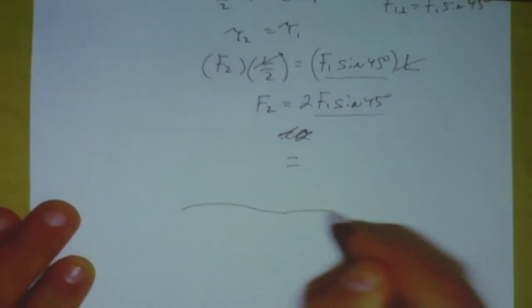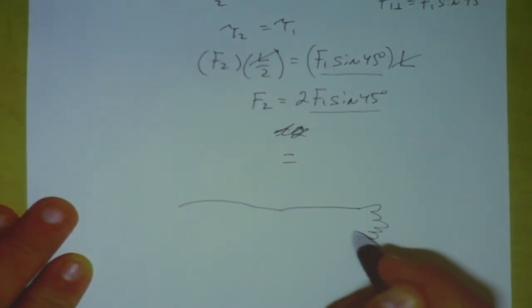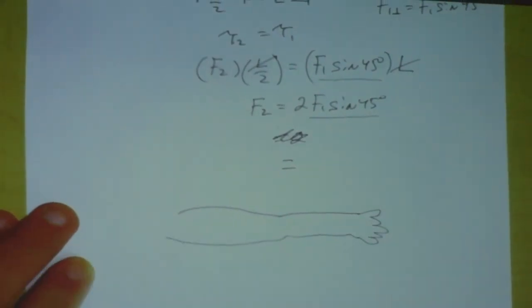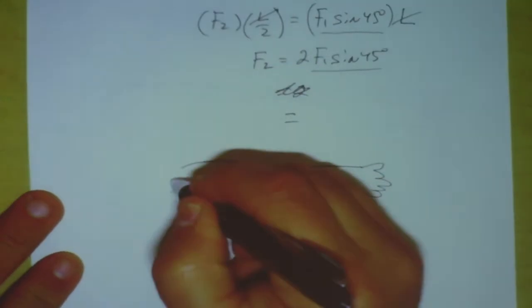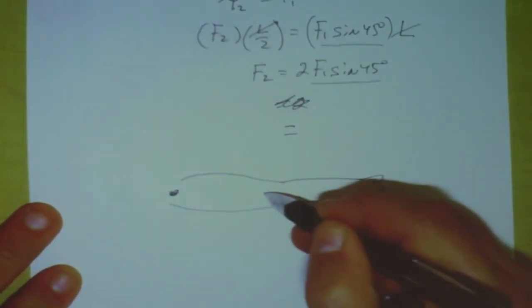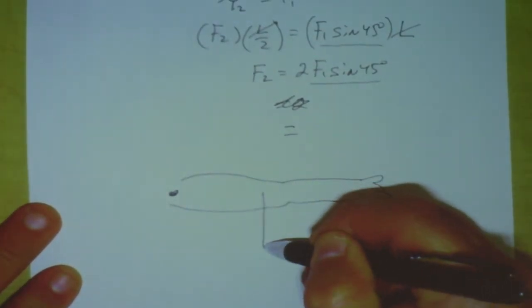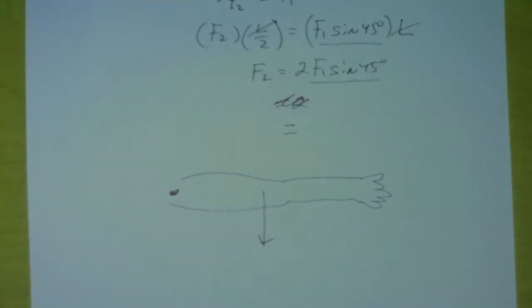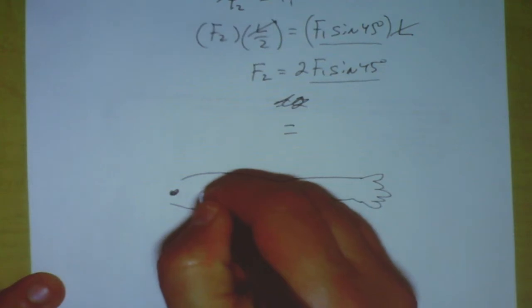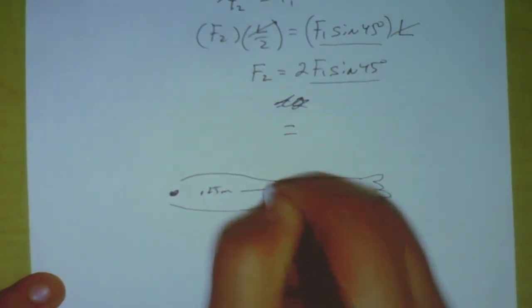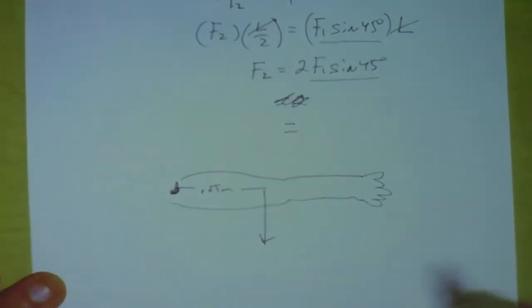Okay, so here's my arm. I'd say the center of gravity, and this is my shoulder, it's probably closer this way. So when I was looking at this earlier, I estimated it to be about 1/4 of a meter, so 0.25 meters. That's the distance to where the center of gravity is.